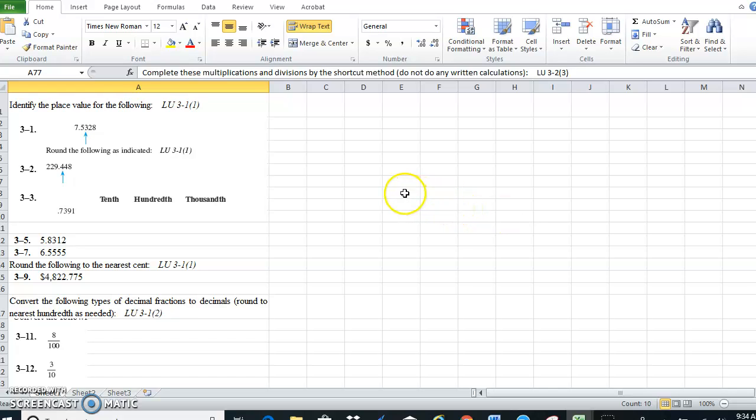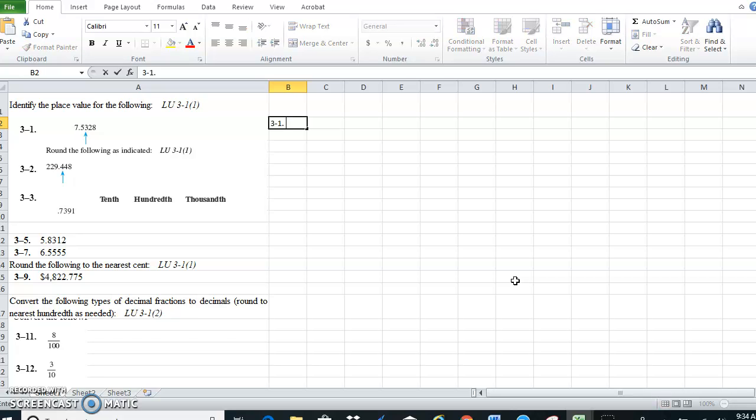So our first task, and you'll notice that I'm in Excel. You can use Excel. You don't have to use Excel. I like Excel because it's basically a big calculator. So we're supposed to identify the place for the following. In 3-1 is 7.5328, and the arrow is pointing to the 3.